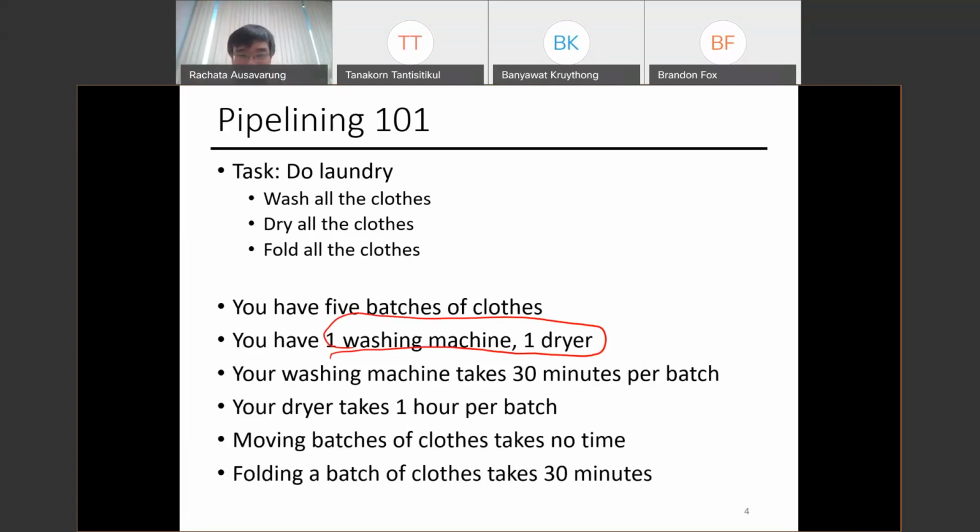Each batch takes 2 hours: you wash 30 minutes, dry 1 hour, and fold 30 minutes. You have 5 batches, so at the maximum this should be within 10 hours. That's our ceiling. Can someone tell me, can I do better here? Can I do a better job at doing laundry?